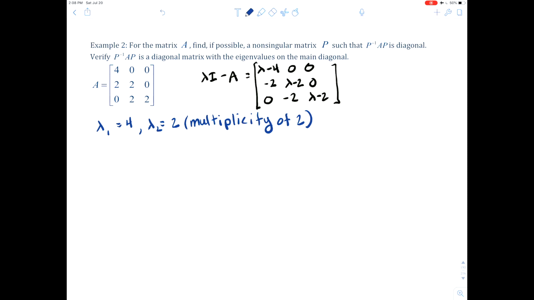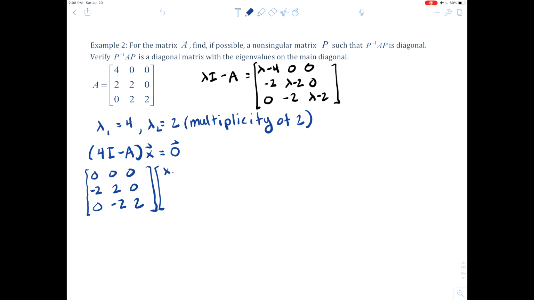How nice. And let's continue. So 4I minus A times X equal to the 0 vector gives us what? So if we plug in 4 for lambda, we'll have 0, 0, 0, negative 2, 2, and 0, 0, negative 2, and 2, times our x vector equals our 0 vector.